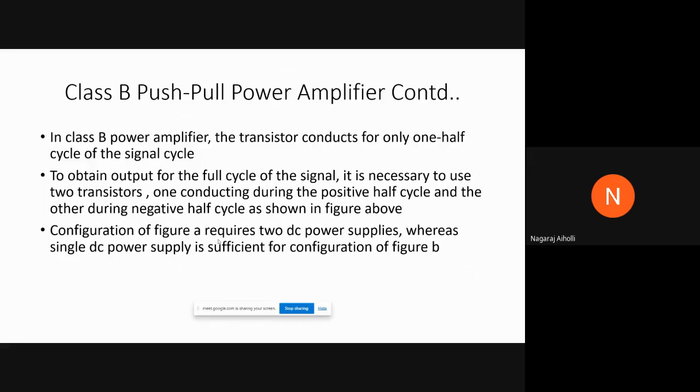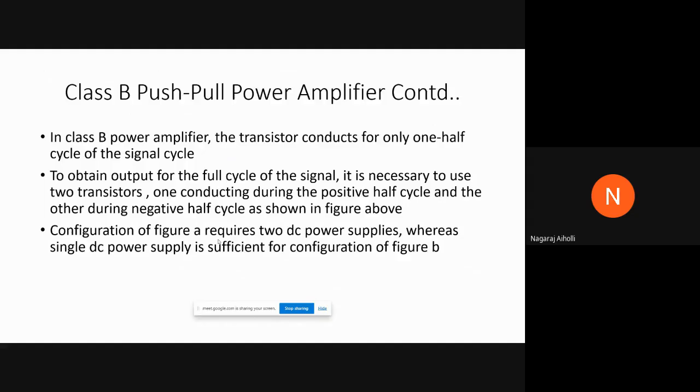The transistor conducts for only one half cycle in the Class B power amplifier, so the first transistor conducts for the positive half cycle and the second for the negative half cycle of the input signal. Hence at the output we will be getting one full cycle of the signal.